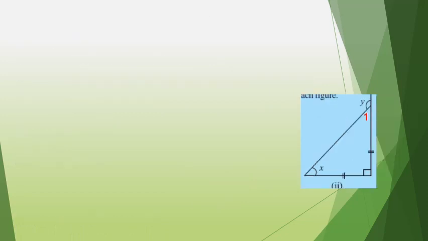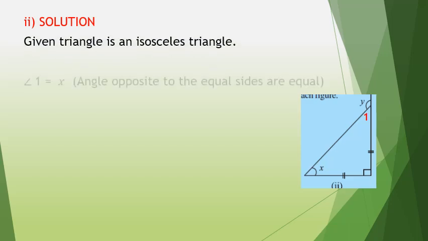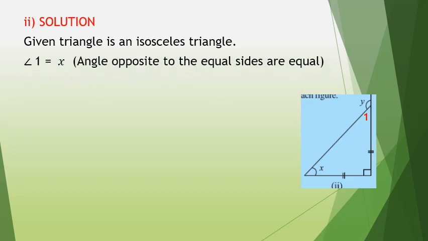Now question number 2. Given an isosceles triangle with an exterior angle y. So the angles opposite to equal sides of the isosceles triangle are angle x. So the other angle we mark as 1. Hence angle 1 will be equal to x.